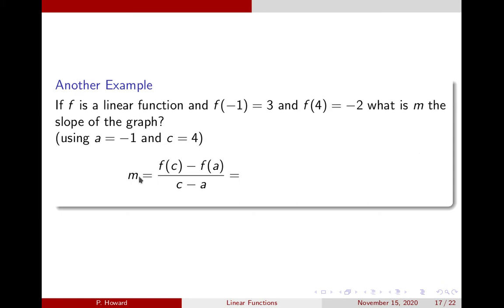And the formula for the slope is f of c minus f of a, this is the change in f of x as x goes from a to c, divided by c minus a, this is the change in x from a to c. I've left off the outer parentheses around the numerator and denominator because I'm going to do this calculation by hand.